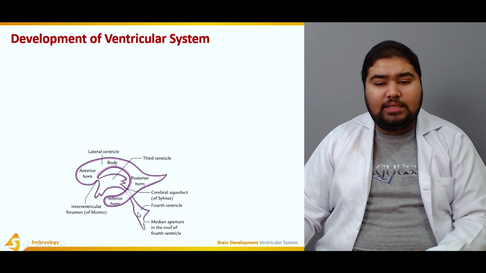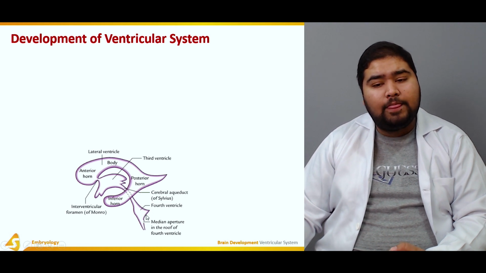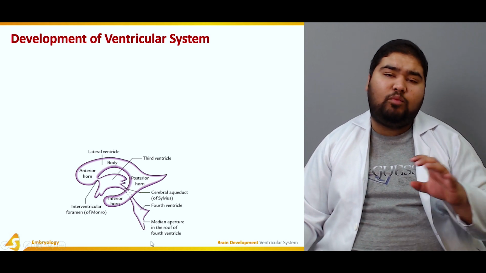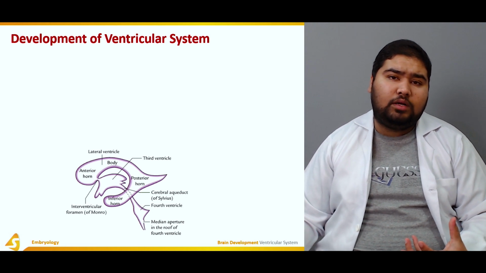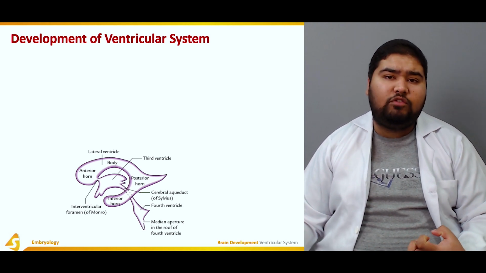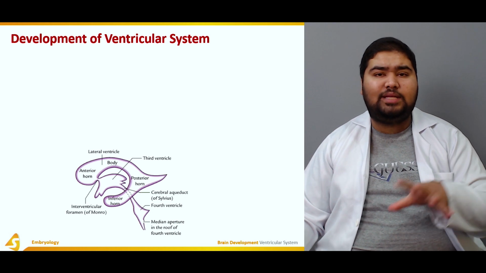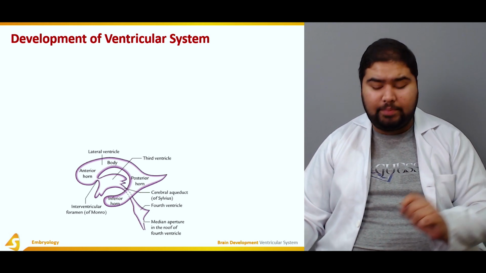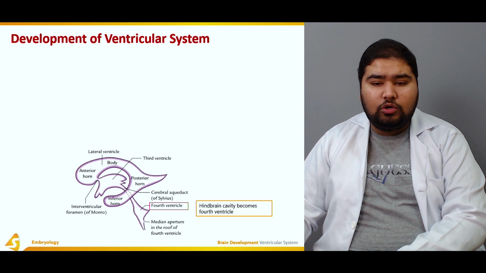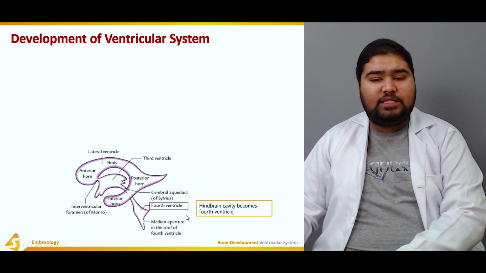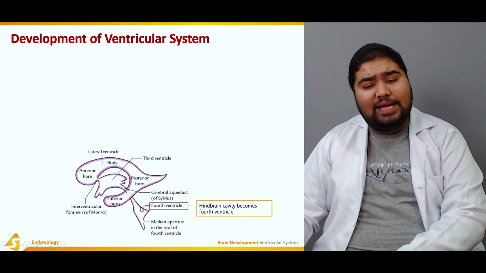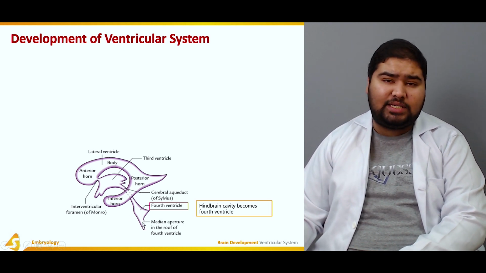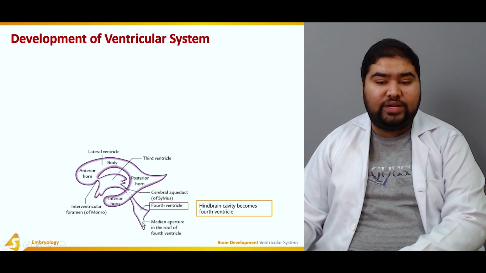Finally, this is the fourth ventricle here, and there are apertures in the roof of the fourth ventricle, the foramina of Magendie and foramina of Luschka, through which the cerebrospinal fluid goes into the subarachnoid space. So the hindbrain cavity becomes the fourth ventricle. You can see from the position that it lies in the hindbrain, and the hindbrain cavity becomes the fourth ventricle.